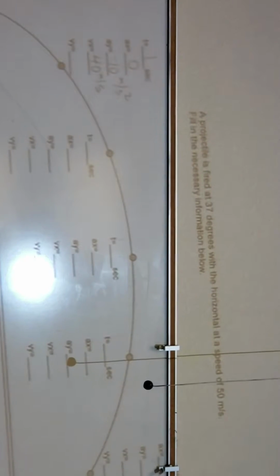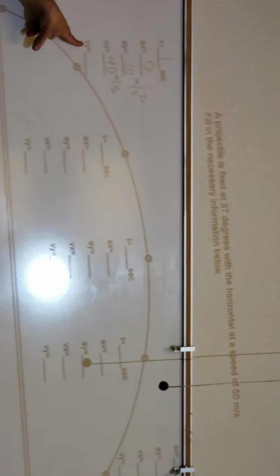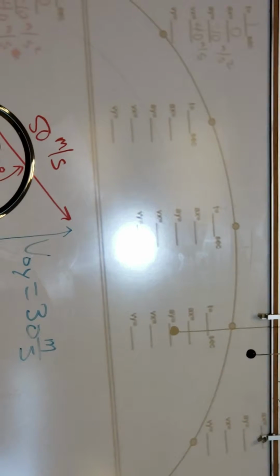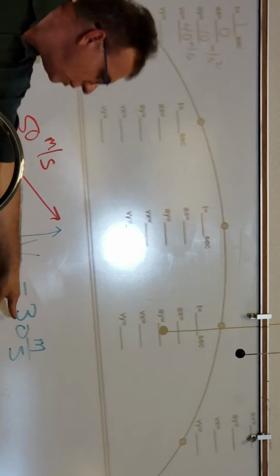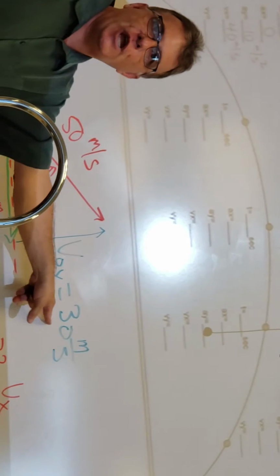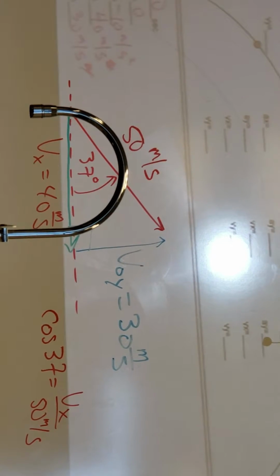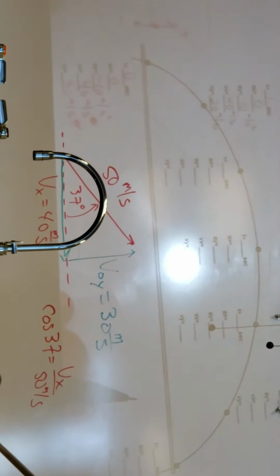It's still going 40 meters per second sideways. But how fast is it going in the y direction? Now it's going 20 straight up because it started going up at 30, but gravity changes that by 10 every single second that the object is in the air. That's 20 meters per second.